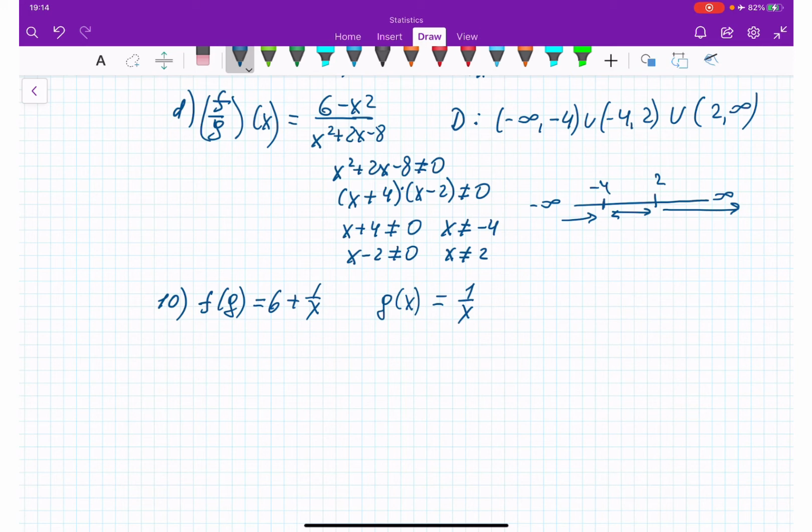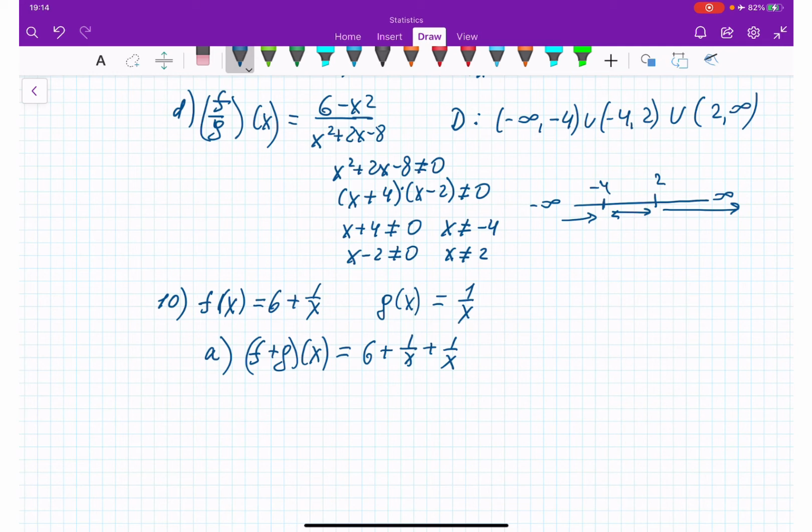So what we are going to have here, f plus g of x, is going to be 6 plus 1 over x plus 1 over x.